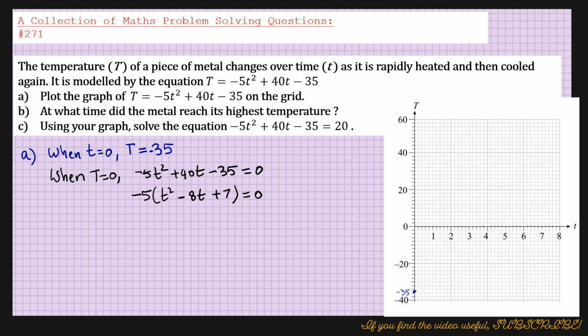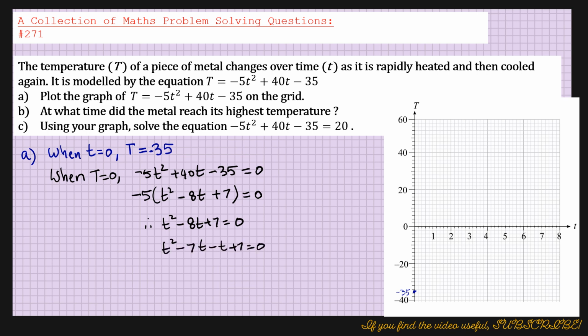Taking minus 5 outside the bracket, we get t squared minus 8t plus 7 equals 0. Minus 5 can't be 0, therefore t squared minus 8t plus 7 is 0, and we factorize it.